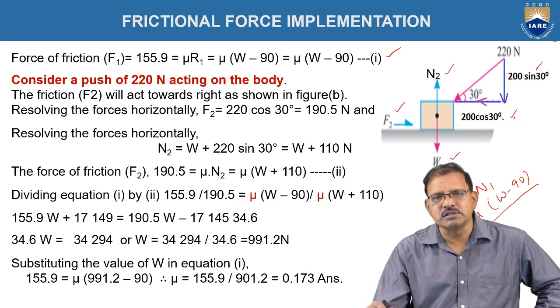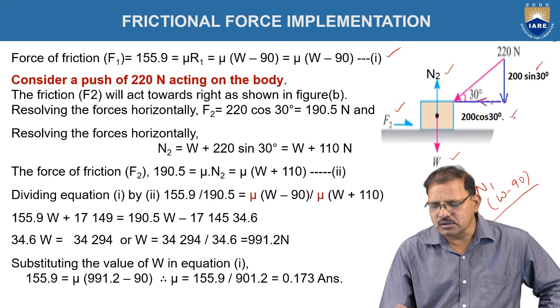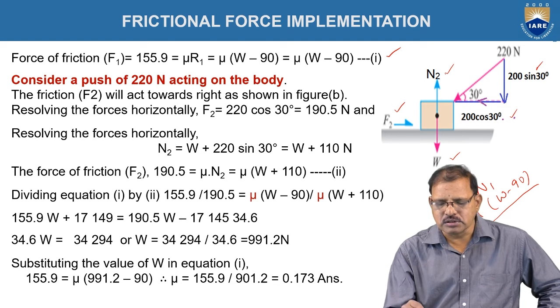Now, resolving the forces horizontally, we have F2 equal to 220 cos 30. From this equation, we got 190.5 newtons.